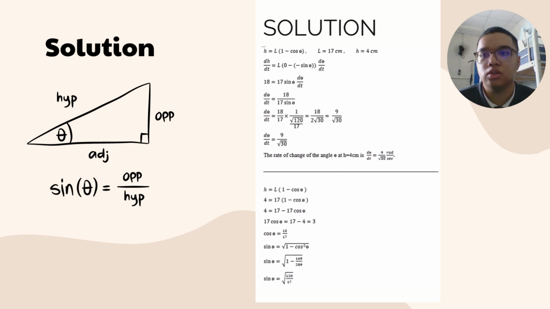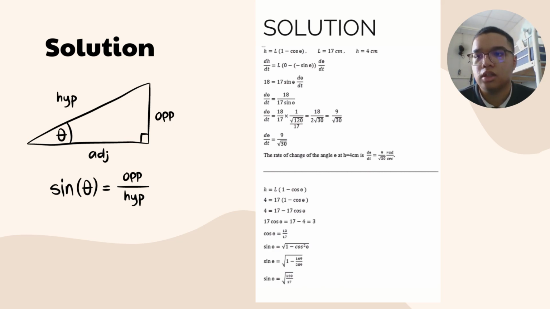After that, we differentiate: L bracket 0 minus bracket minus sine theta d theta per dt. And we got 18 equals 17 sine theta d theta per dt. After that, d theta per dt is equal to 18 per 17 sine theta.